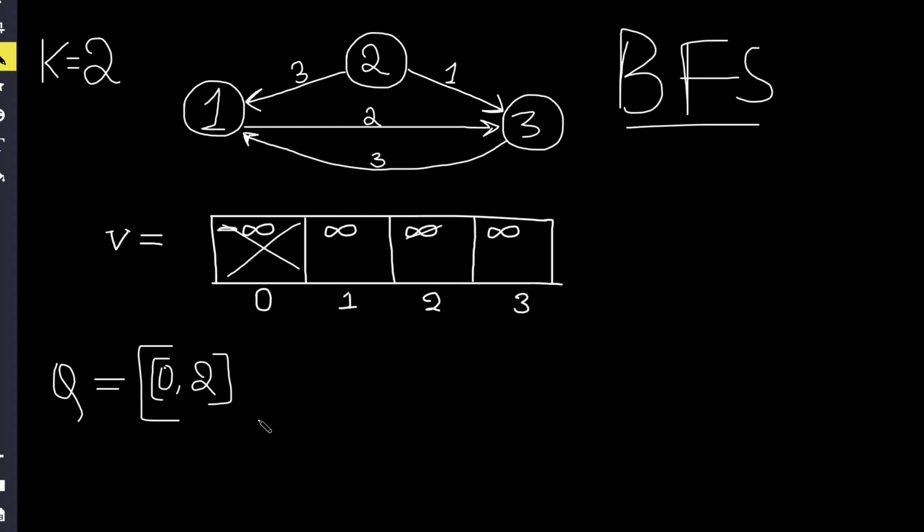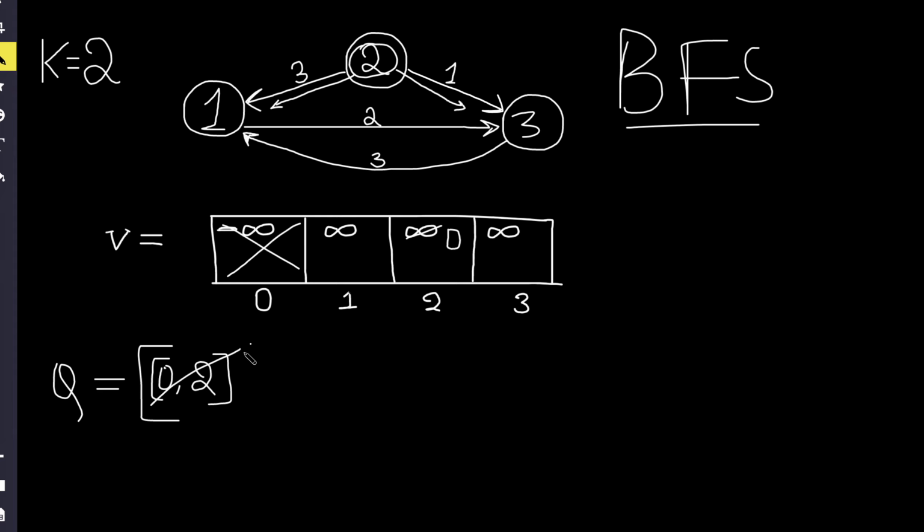I will pop the element from the queue. Now we are at 2. We have popped it from the queue. So here we will look at each child of 2, and we will think about whether we can update it in the queue or not.